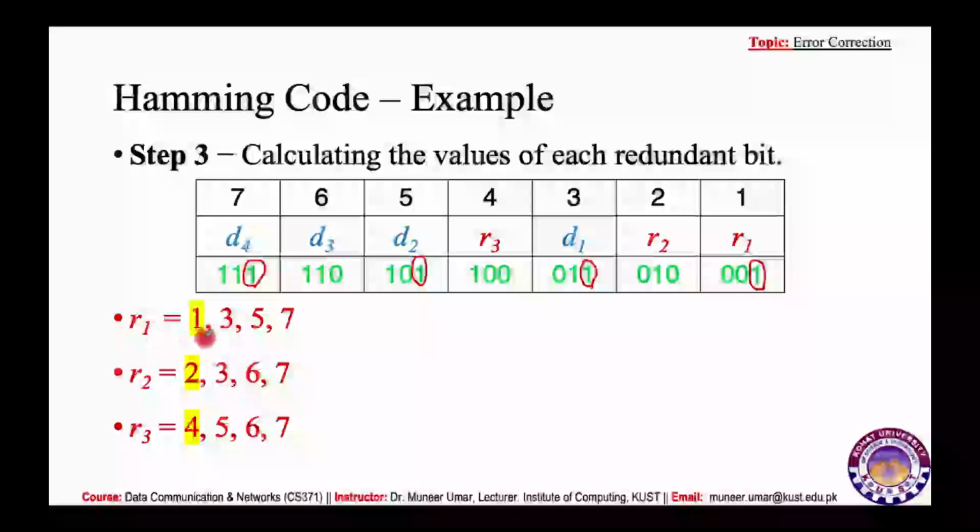If you look into R1, it has 1, 3, 5, and 7. Now if you look into the third bit, that is for R3 here, and for 4, 5, 6, and 7 we have the third bit equal to 1. So R3 is taking 4, 5, 6, and 7. 4 is actually taken by R3 itself, the redundant bit, and these are the data bits.